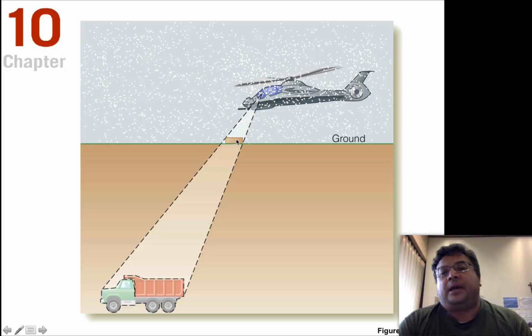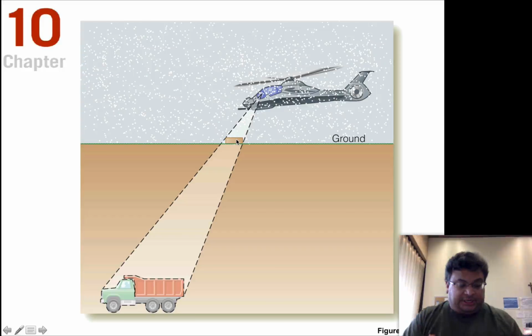So if you're a pilot flying around and you see a boxy thing there on the ground, if it's a gigantic building, then you know that you're much higher up in the air than if it was a truck, right? But if you don't have any depth cues to tell you how far away you are from the ground, there's no way to know.